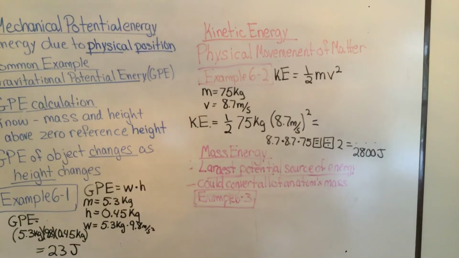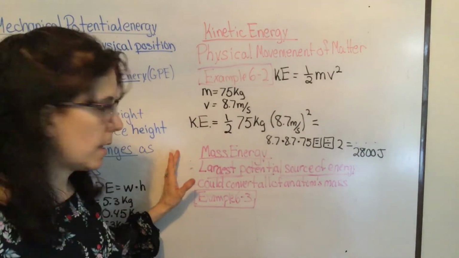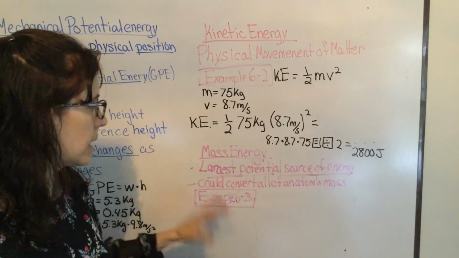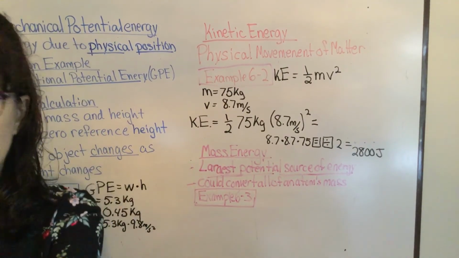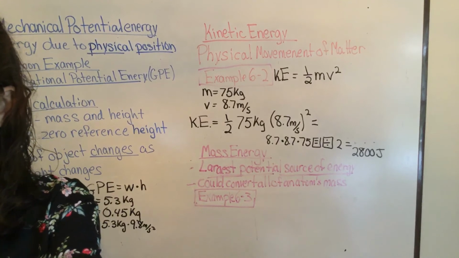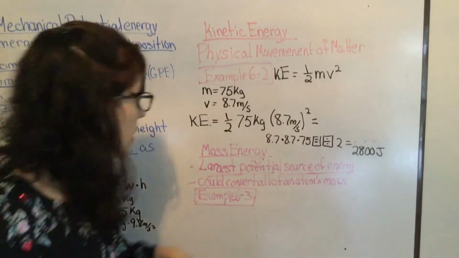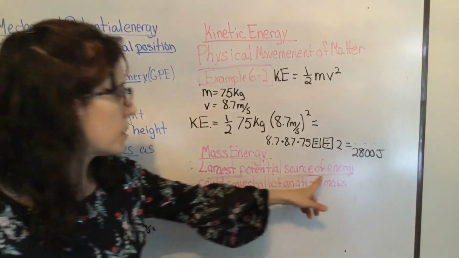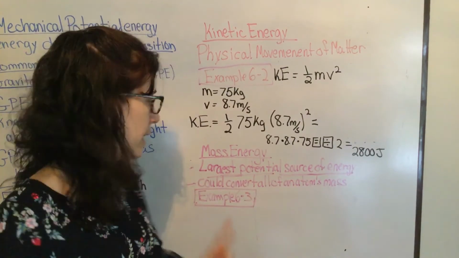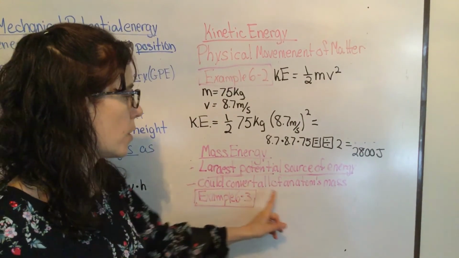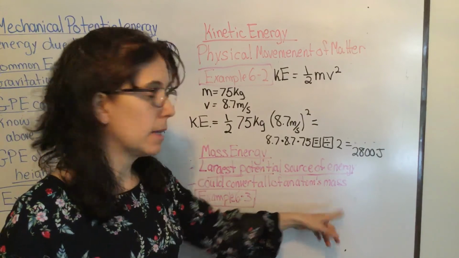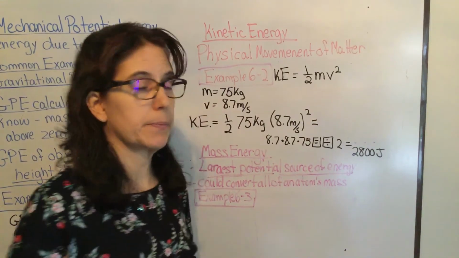All right, lastly, let's talk about mass energy. Mass energy is, think of Einstein, because his formula is going to look familiar to you. It's the largest potential source of energy if we could convert all of an atom's mass completely to energy.